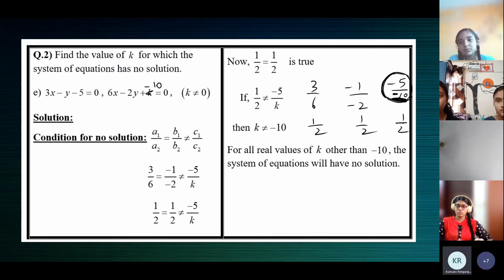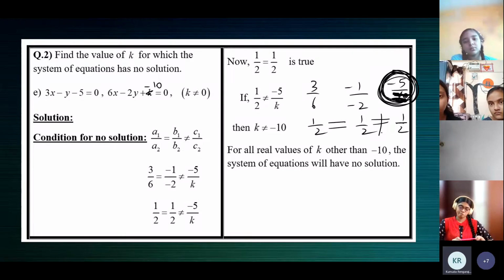So if k takes some other value, this will not be 1 by 2. It will be something else. That means a1 by a2 will be equal to b1 by b2, but not equal to c1 by c2. For all other real values of k other than minus 10, the system of equations will have no solution.